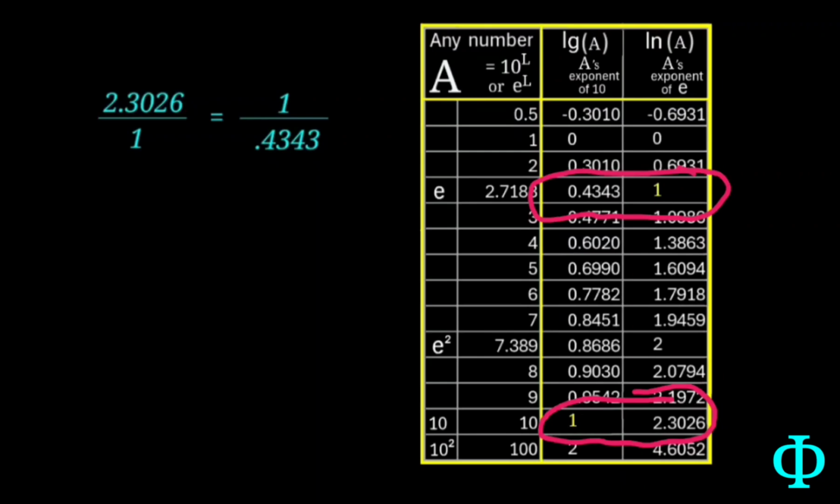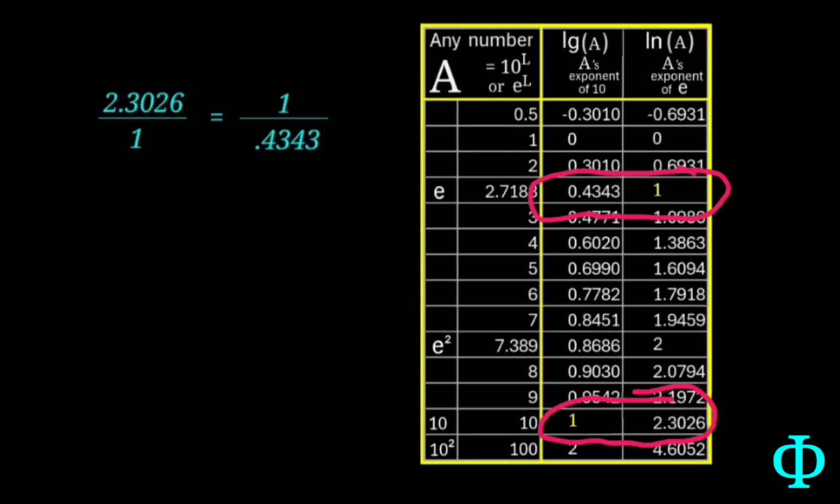Pause the video. There is, in fact, a consistent ratio of the natural log to the common log for every number a. For bases e and 10, that ratio is always 2.3026. This fact is most evident where a equals 10, because here, the common log value of 10 is 1, which is the denominator of the ratio.